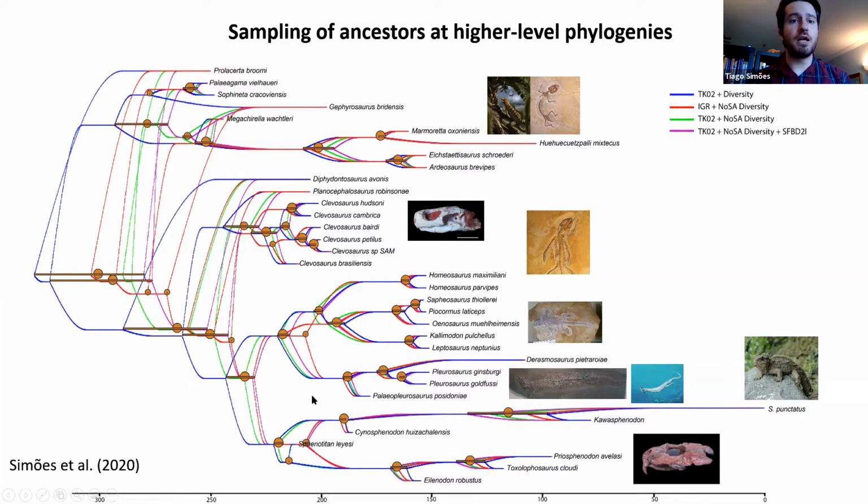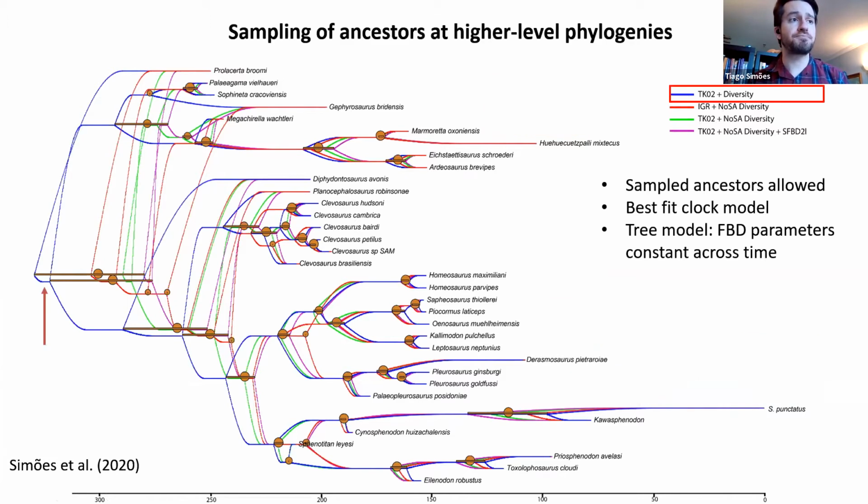As you can see, the nodes closer to the tips have very little variance in divergence time estimates for those groups, usually depending on model implementation. But as we get closer to the root, we see huge variations, which is already known for molecular data, but it definitely impacts morphological data as well.